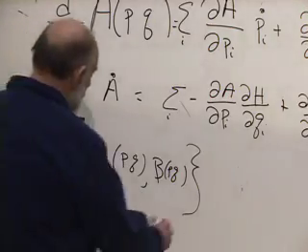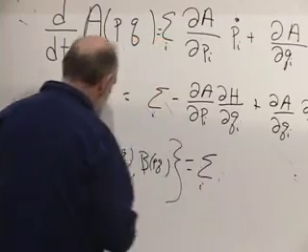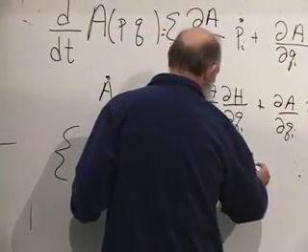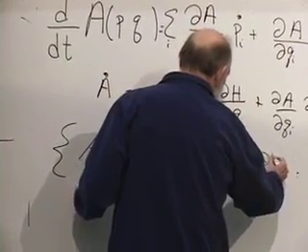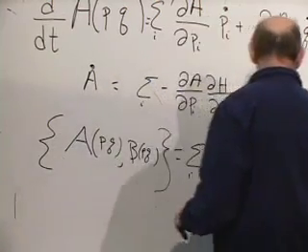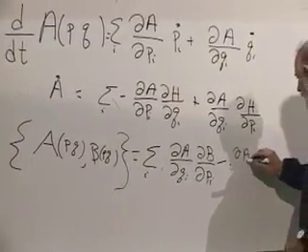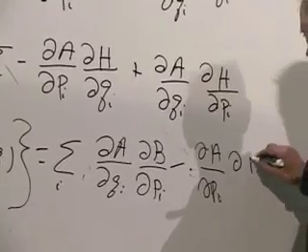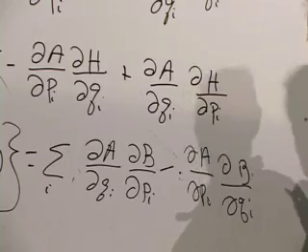Its definition is the sum over i of all the coordinates, dA by dQ sub i, dB by dP sub i, minus dA by dP sub i, dB by dQ sub i.